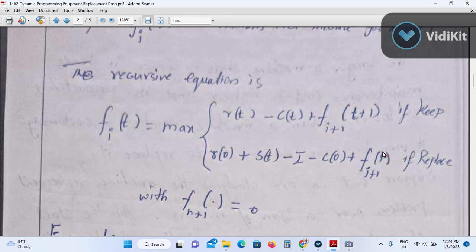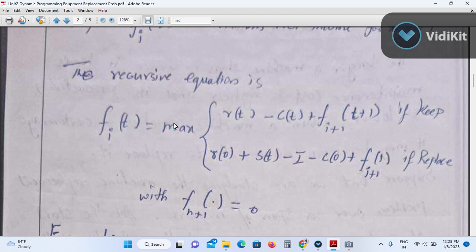And from the following year, once you have purchased at the initial stage, what is the net income? That is f_{i+1}(1). So if you think about replacing, this is the format. Naturally, I want to take the maximum income, therefore I put only the maximum. Not like the previous cases or the post model, where we try to minimize the labor, but here we try to maximize our profits.